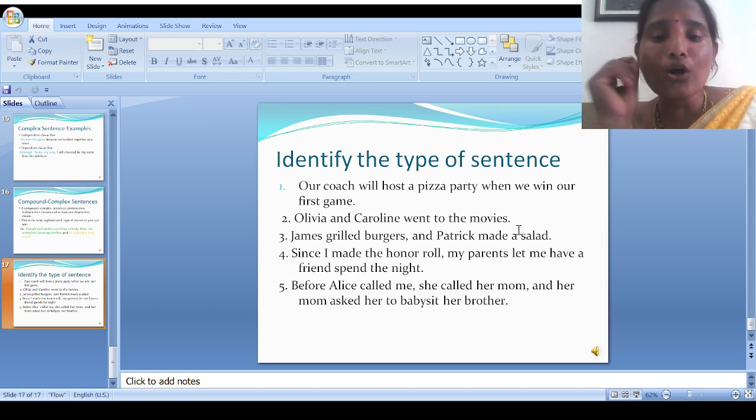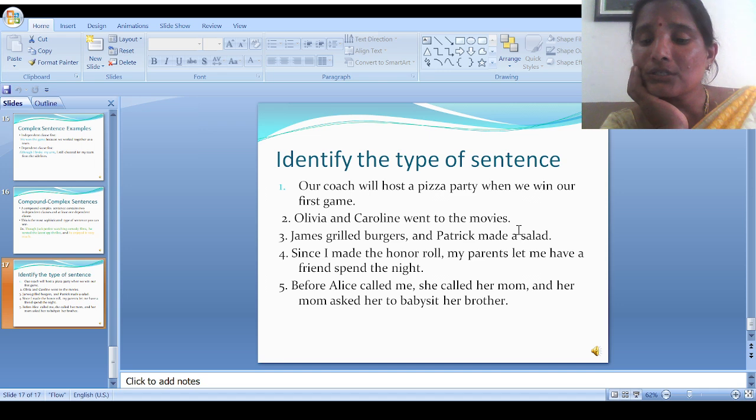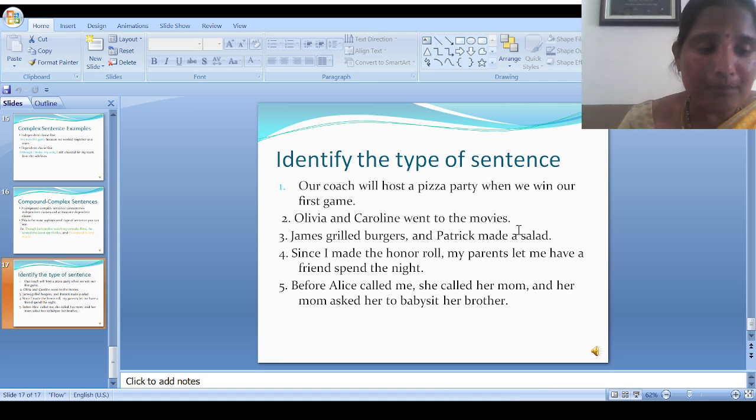The honor roll, and the boy behaving very nicely, is the reason, so that becomes your dependent clause. Before Alice called me, she called her mom and her mom asked her to babysit her brother. What does it become? It becomes a complex sentence.